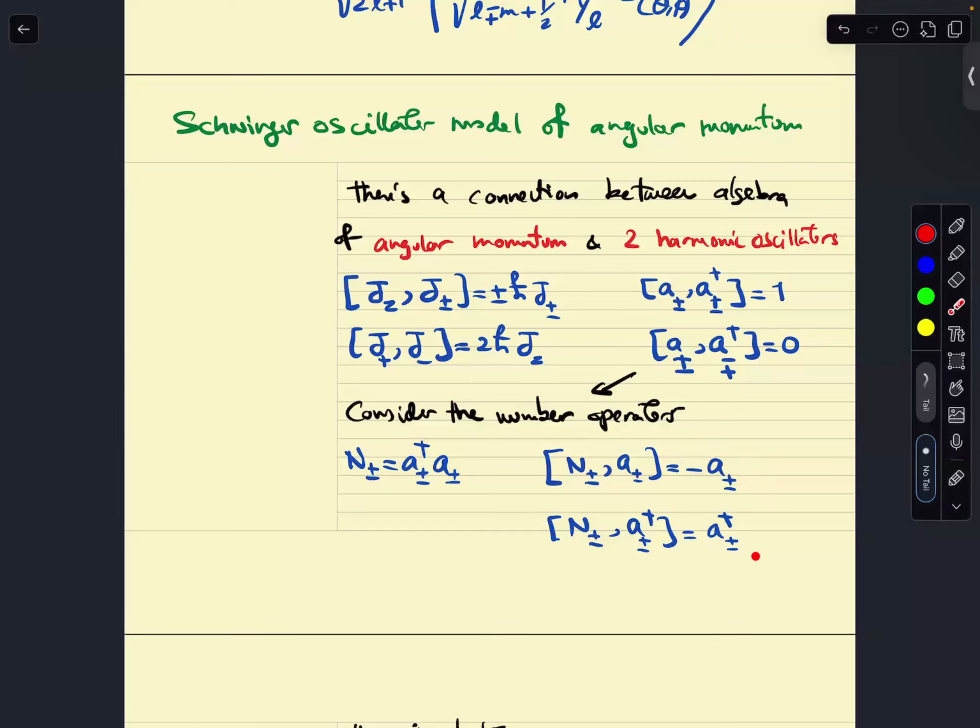This is what it means to say that this is a lowering operator and this is a raising operator, because using this commutator, we saw that if you start with a state which was an eigenket of n, using this relation, you can show that A acting on that ket is a new eigenstate of n, proportional to ket n minus 1. Similarly here, n plus 1. Is it clear what the idea is? This is going to be a rather straightforward connection between two different things that you've seen, the harmonic oscillator algebra and the angular momentum algebra.